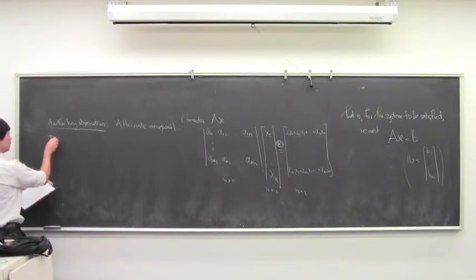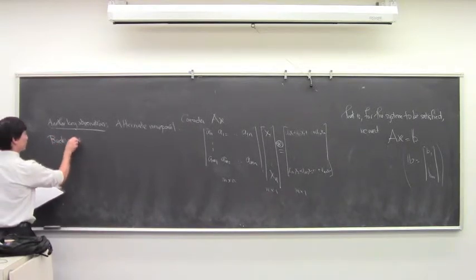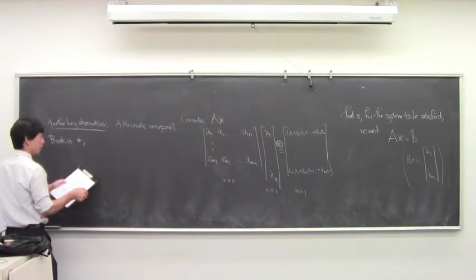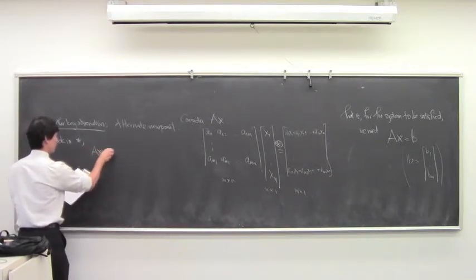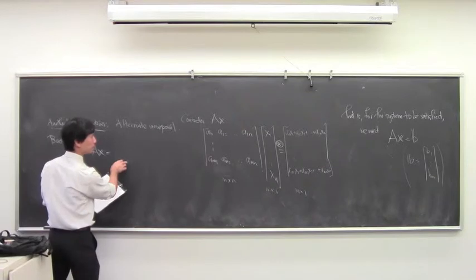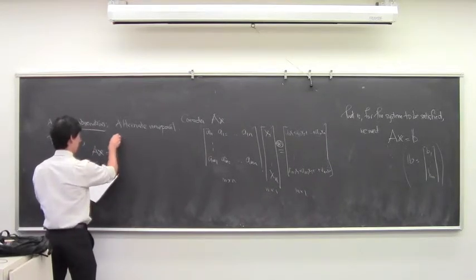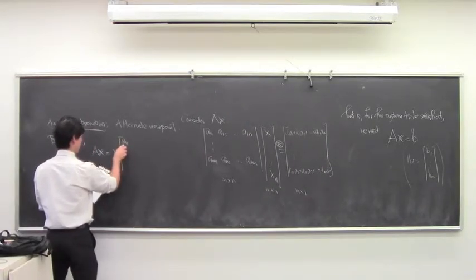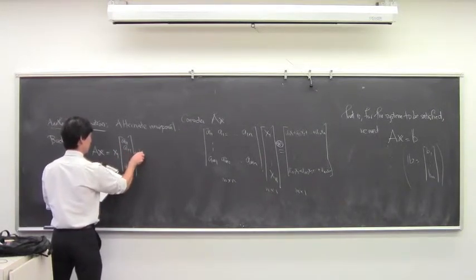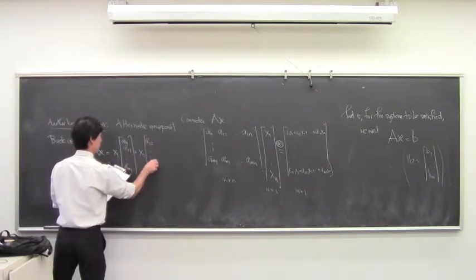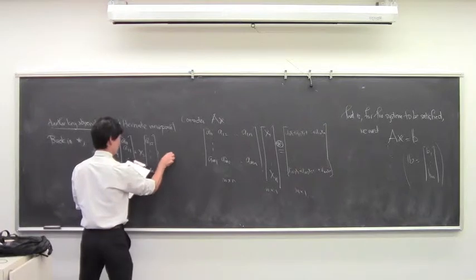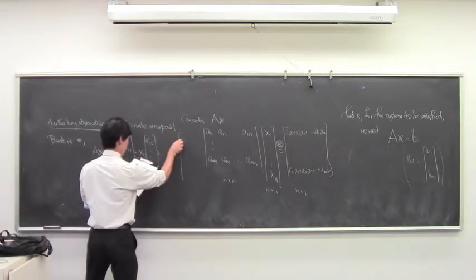Back in star, we can rewrite this. AX could be written as x1 times (a11, a21, ..., an1), plus x2 times (a12, ..., an2), plus xn times (a1n, ..., an).